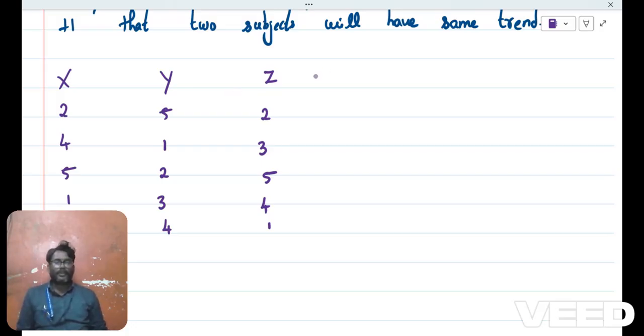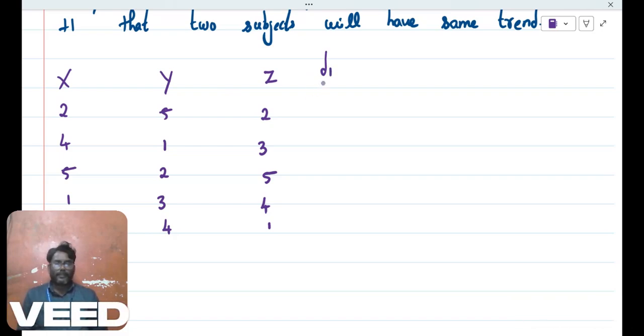Now we will find the difference between the ranks. Take D1, that is x minus y. So 2 minus 5 is minus 3, 4 minus 1 is 3, 5 minus 2 is 3, 1 minus 3 is minus 2, 3 minus 4 is minus 1.